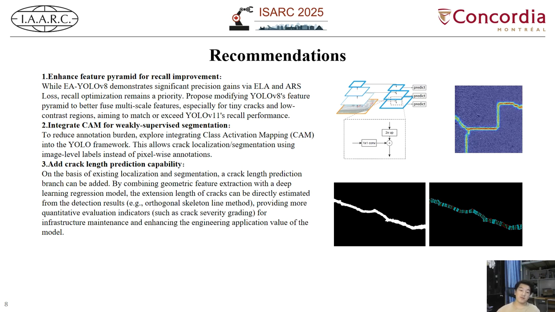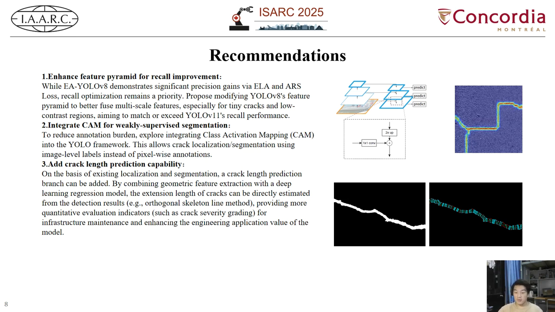For our future work, firstly, we want to enhance the feature pyramid to boost recall, especially for tiny cracks. Secondly, we also want to integrate CAM for weakly supervised learning to reduce annotation efforts.